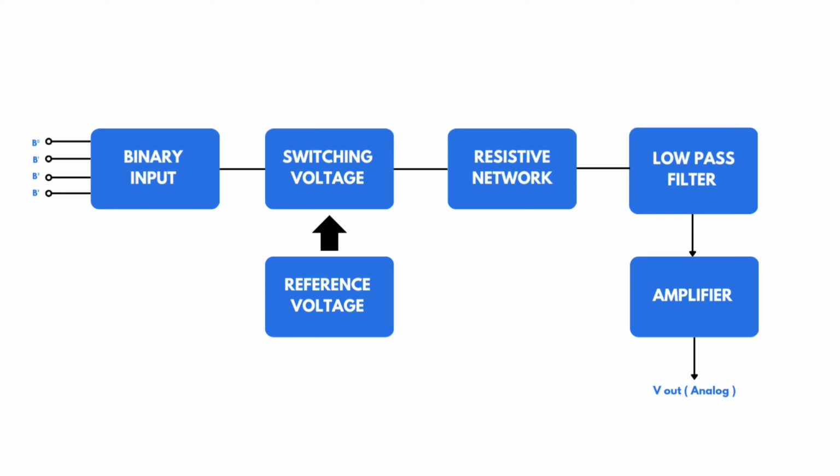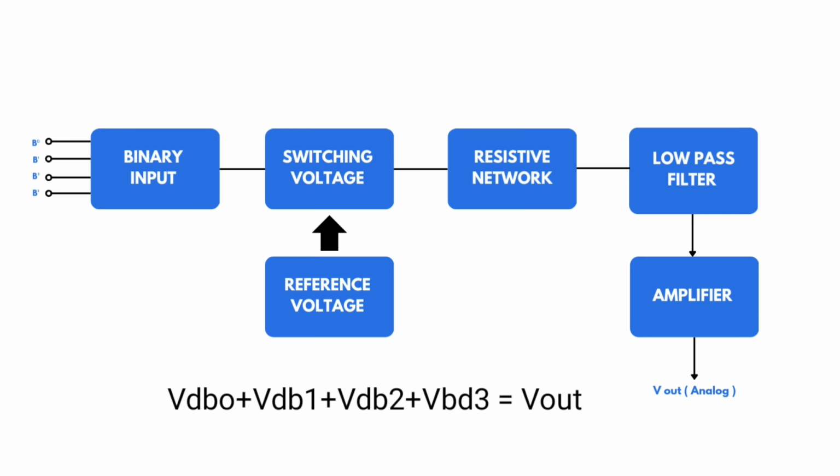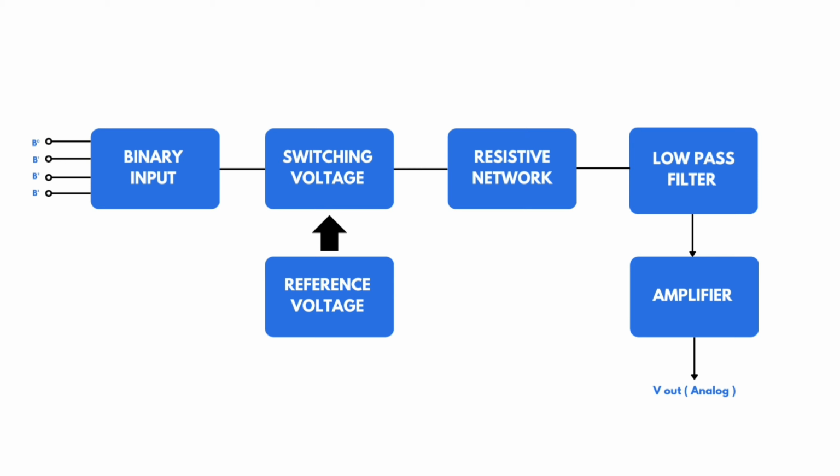At last, all the voltage drops through the resistive network for each bit value are summed up to generate a voltage signal. That voltage signal received at the output is the corresponding analog value of the provided input digital signal.